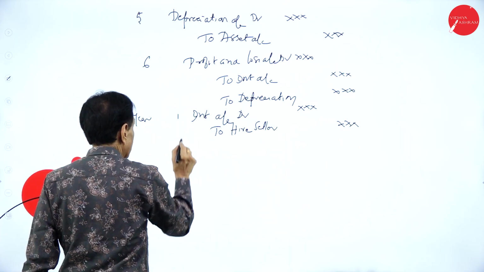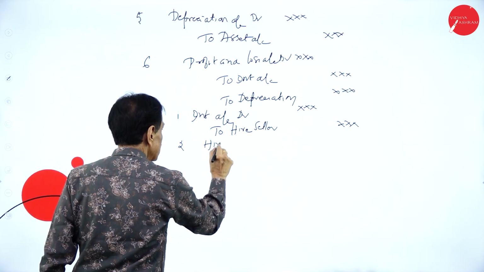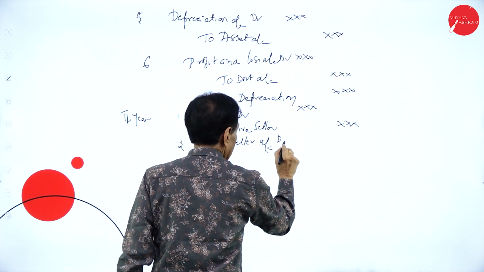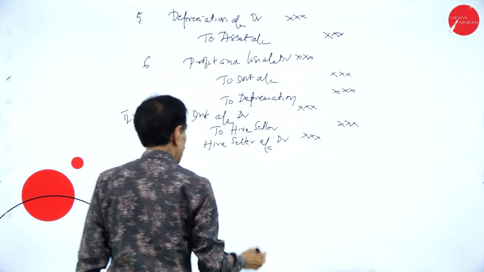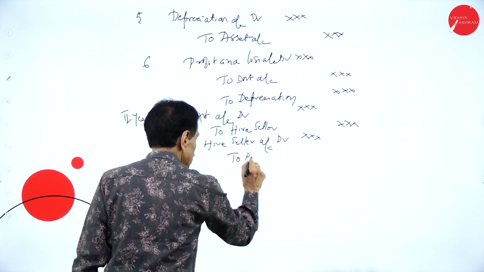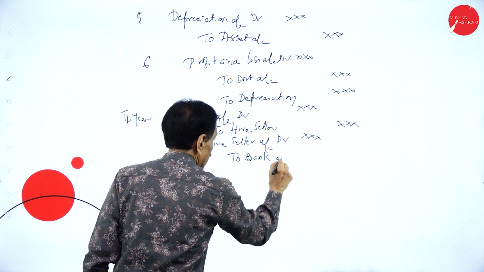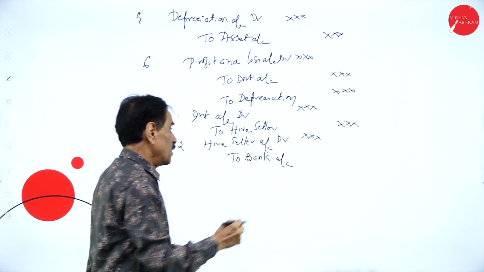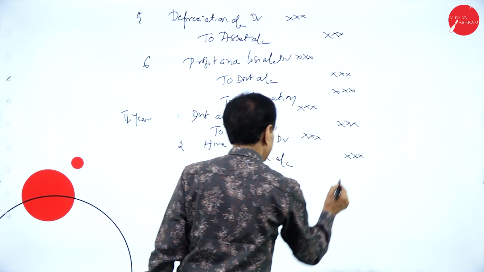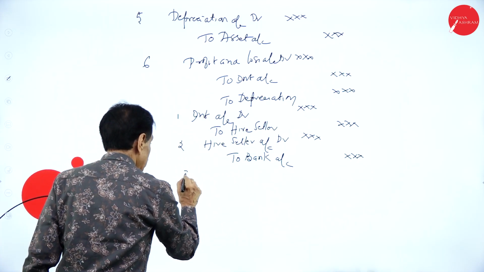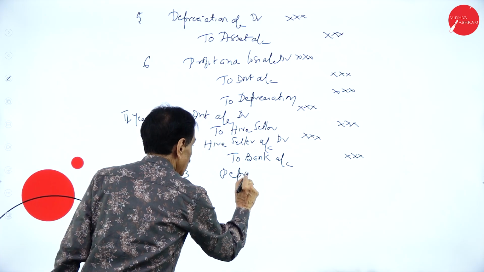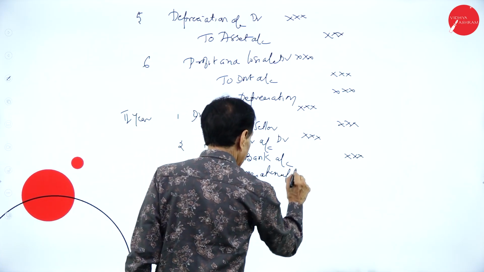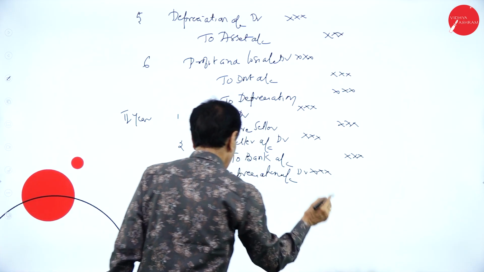Second entry, hire seller account debit to bank account. This is the second installment. Then depreciation of that year, depreciation account debit to asset account.